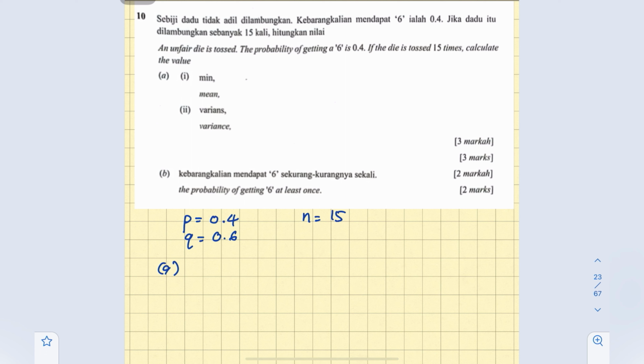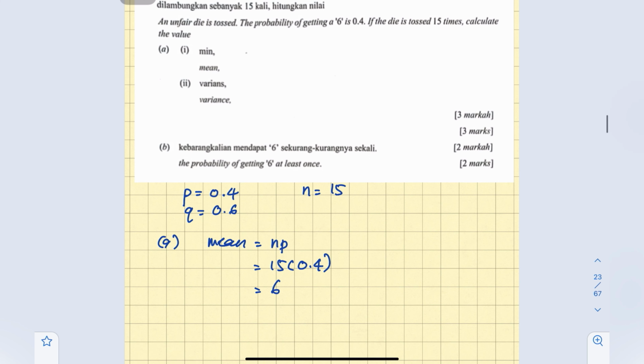So for part A, find the mean. The formula given in the list of formulae is np. n is 15, p is 0.4, so we get the mean is 6.